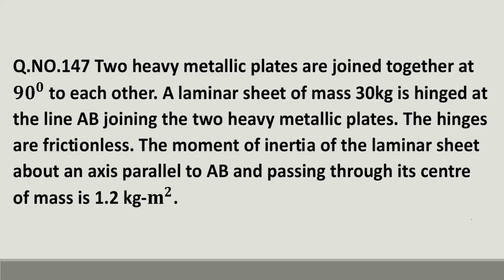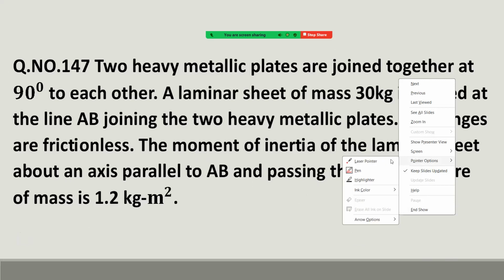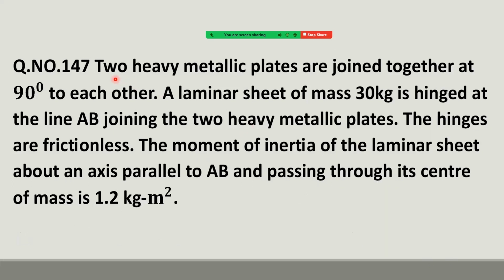See the question. Two heavy metallic plates are joined together at 90 degrees to each other. A laminar sheet of mass 30 kg is hinged at the line AB joining the two heavy metallic plates. The hinges are frictionless.